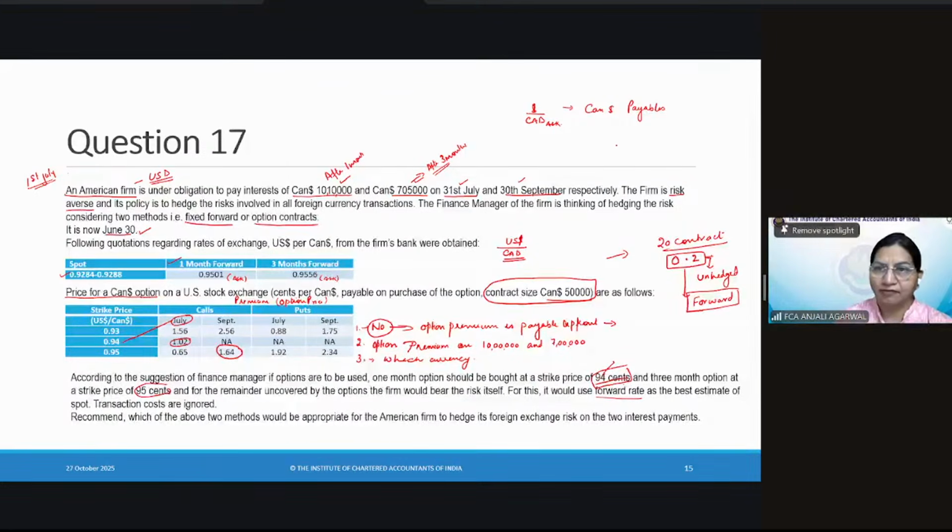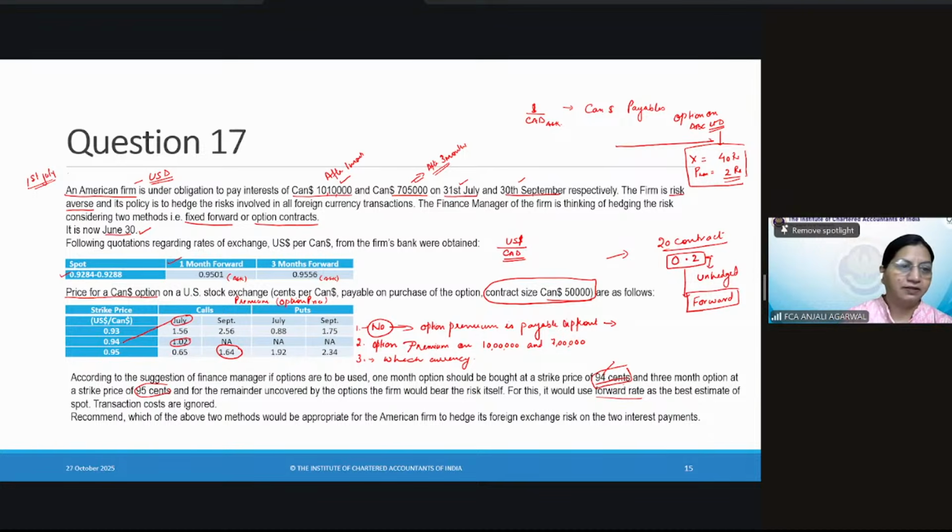Like I said, if you have any confusion, let's say you have an option on a share of ABC Limited. So the option is on the shares of ABC Limited. Let's say strike price is 40 rupees and premium is 2 rupees. Right? This is how you look for a stock price.